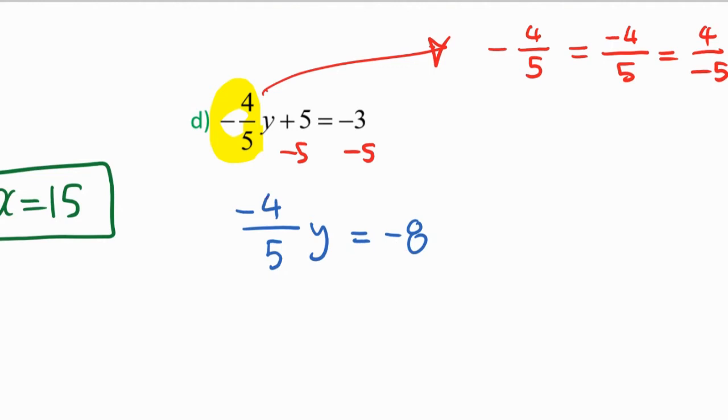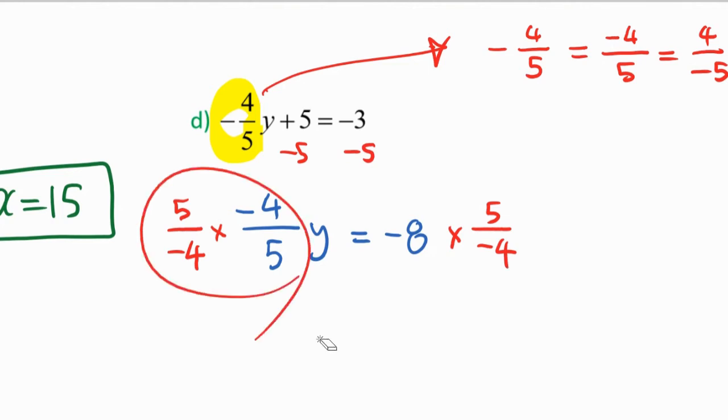Okay, so we want to get rid of this number. We're going to multiply the reciprocal. So let's flip it. And we do the same thing here. Let's flip it. Okay. Then this part will be gone. This part, 1, 1, 1, 1.